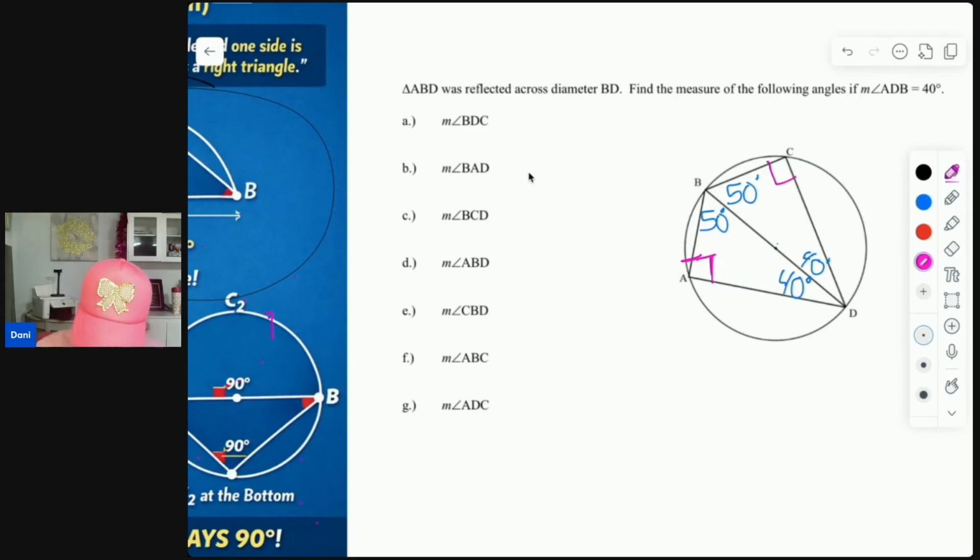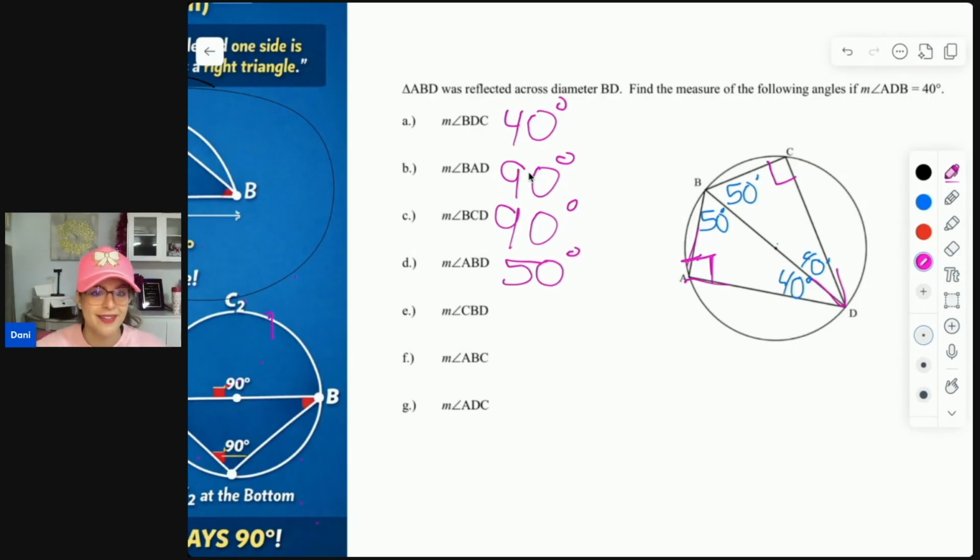Angle BDC right there, that's also 40 degrees. Angle BAD, that's one of our 90-degree guys. Angle BCD, also 90 degrees. Angle ABD, 50 degrees. I know, my Apple Pencil is not in yet, so my handwriting's a little messy. It's okay.